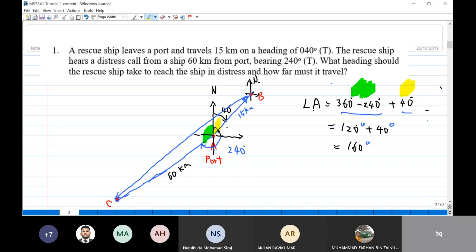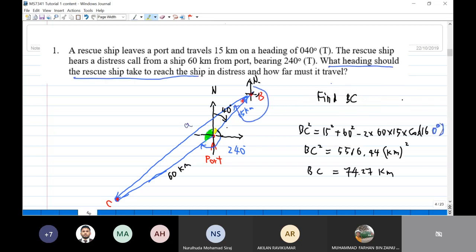Let me see, can I use sine law? I have the angle and the side. Can I find angle B? Not really. So I need the cosine law.